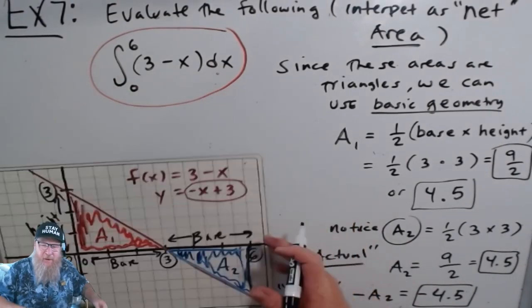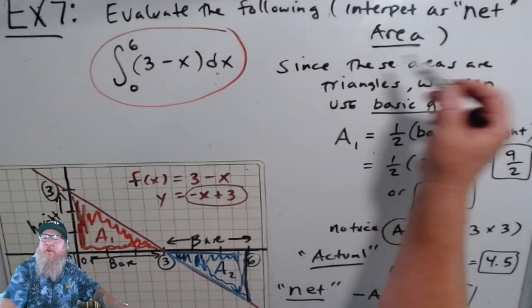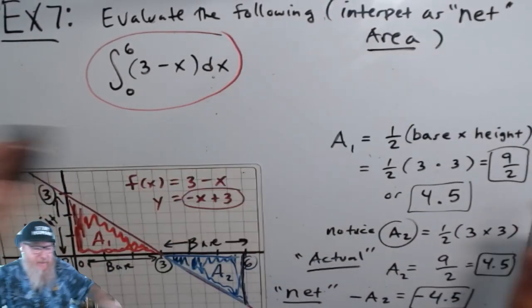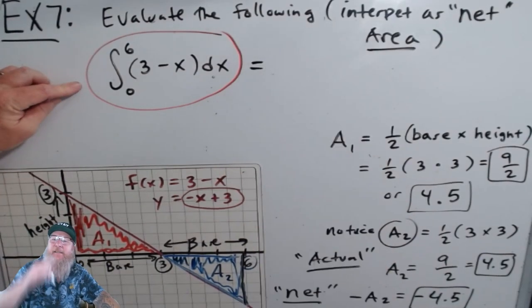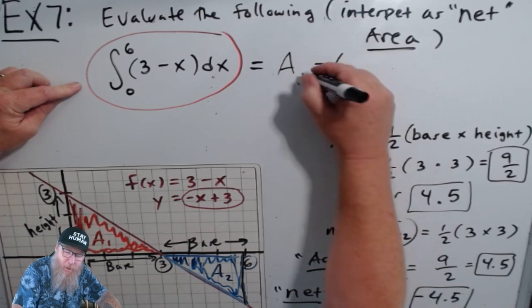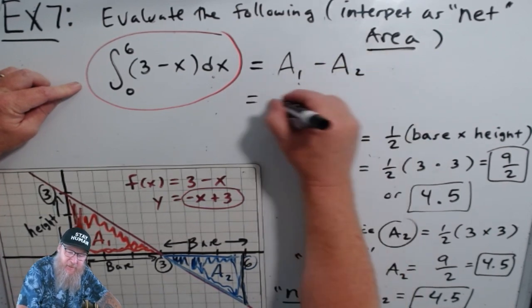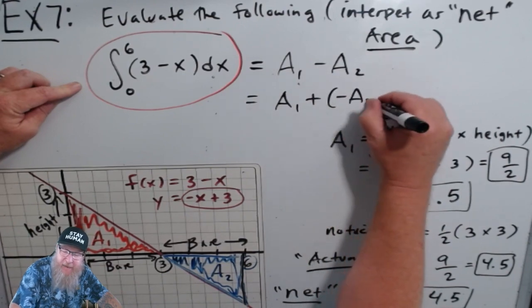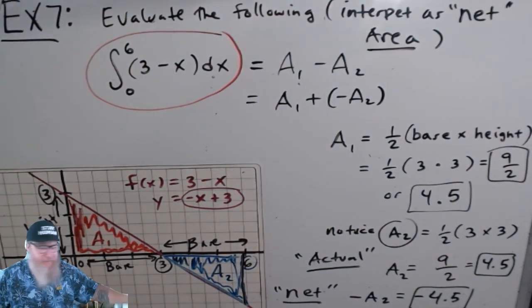So therefore, interpreting this integral as net areas, the integral from 0 to 6 is A1 minus A2, or you could say A1 plus negative A2. It means the same thing.